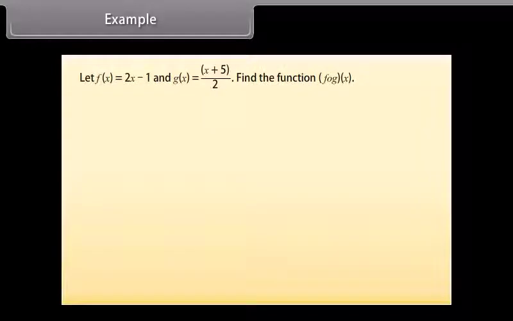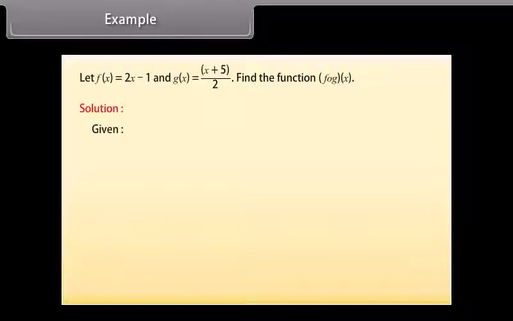Example. Let f(x) = 2x - 1 and g(x) = (x + 5)/2. Find the function f(g(x)). Solution.